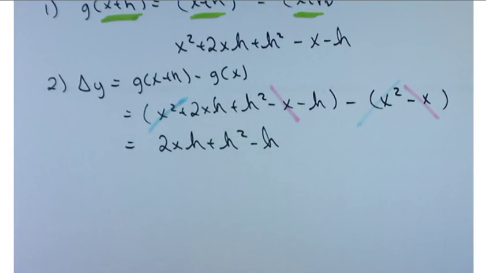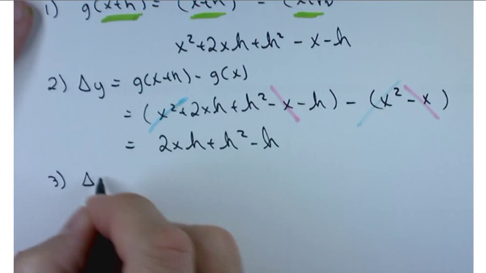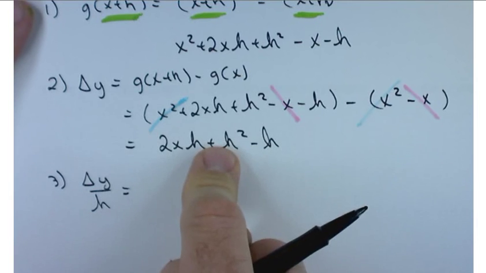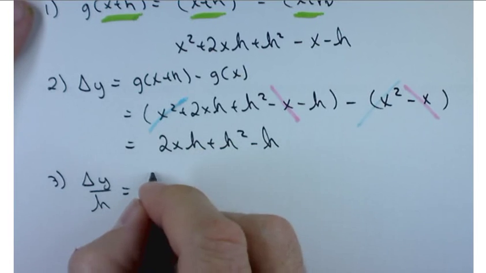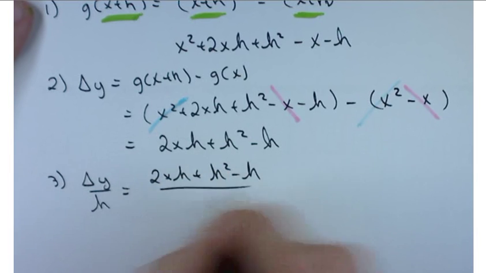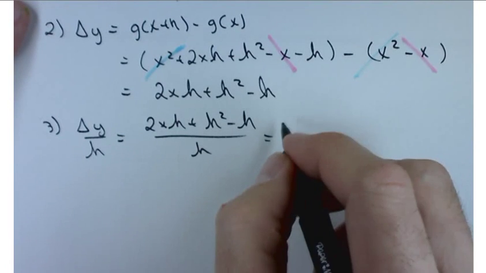Okay. 2 down, 2 to go. Let's calculate delta y over h, which is basically this divided by h, and then we'll simplify it. Factor out the h from the numerator.